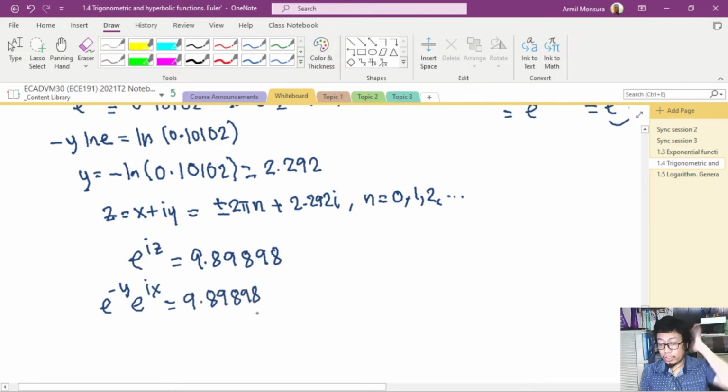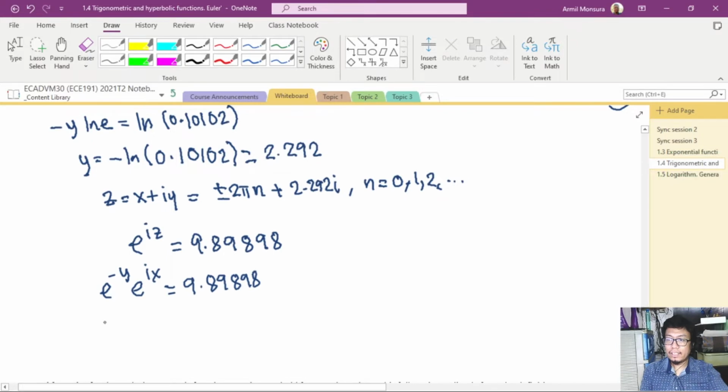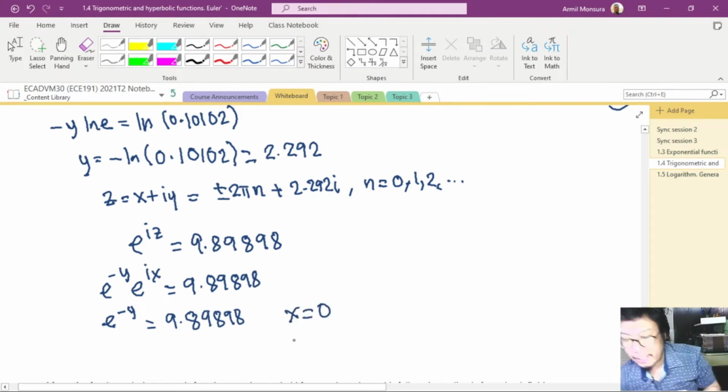Using the same argument as in the first solution, we can establish that e raised to negative y equals 9.89898, and then x equals 0. It's the same reasoning that I did before.